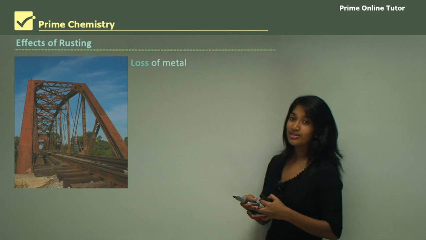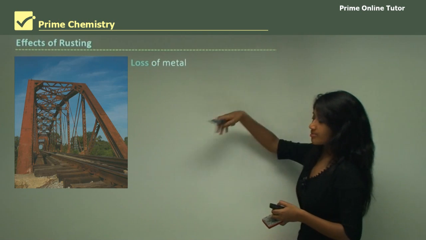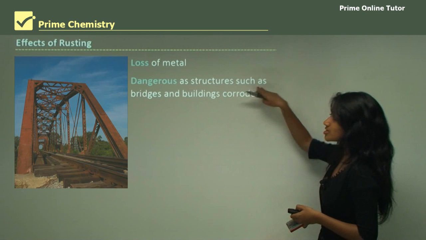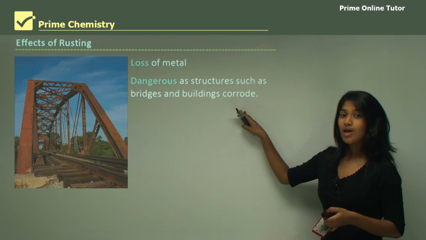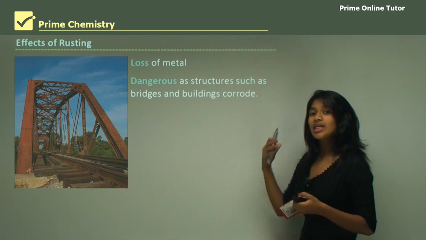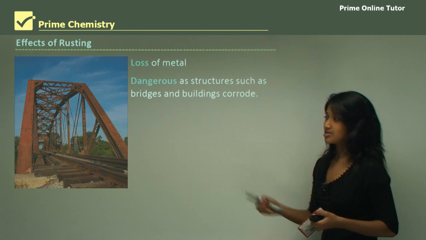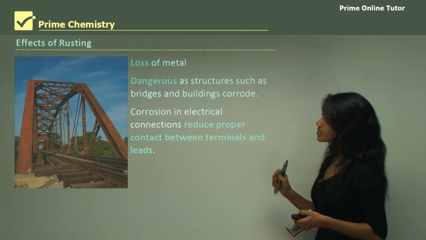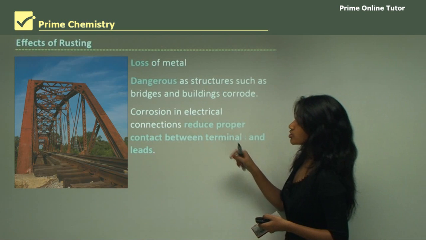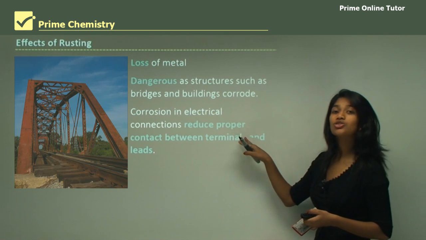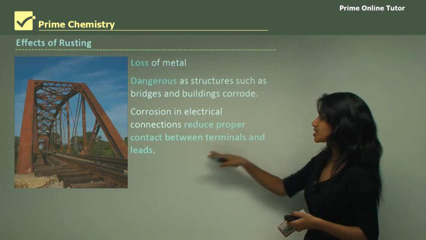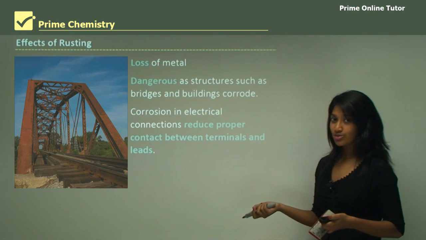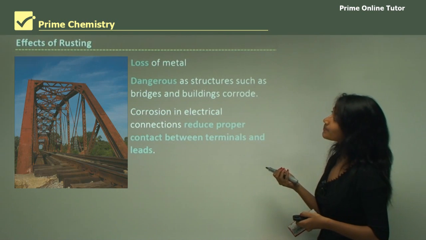Now, effects of rusting. There's a loss of metal. It is also dangerous as structures such as bridges and buildings corrode, because the strength of the metal decreases and metal is lost, so they could collapse. Corrosion of electrical connections reduces the proper contact between the terminals and the LEDs, so there is poor electrical conductivity due to rusting.